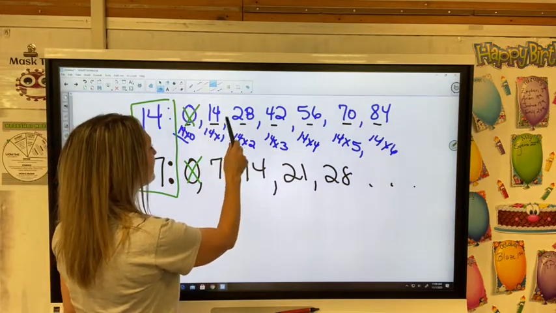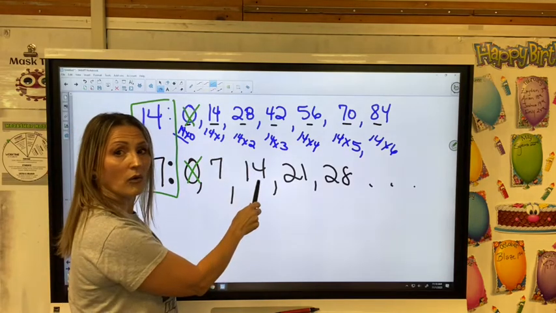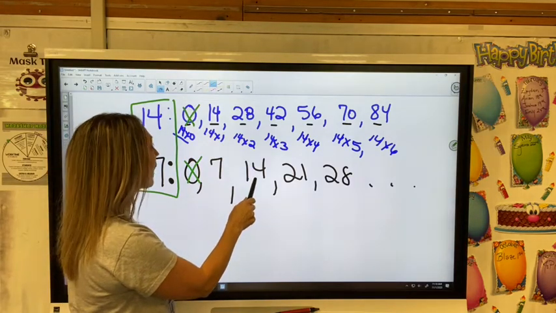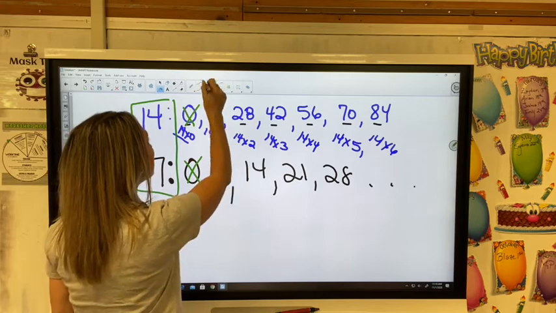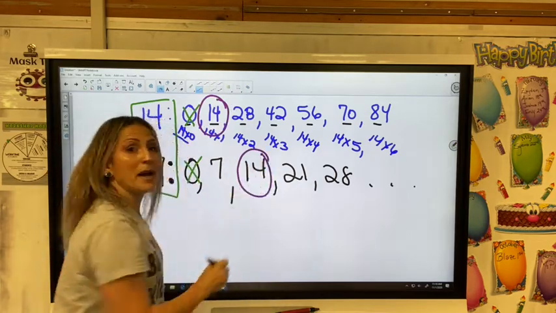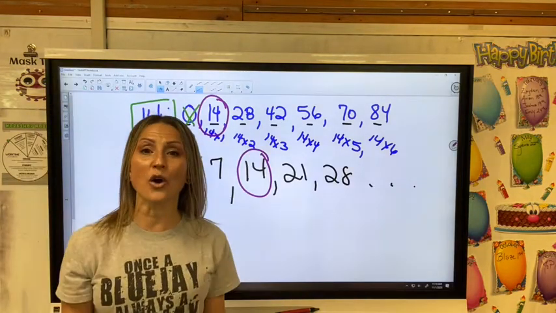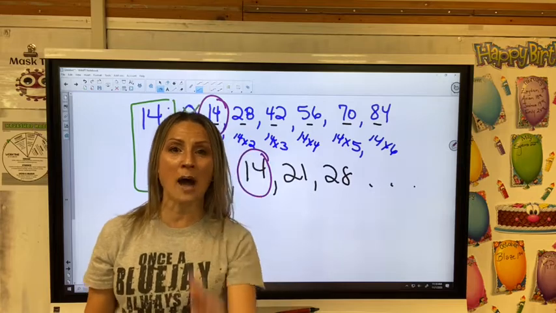We got a 14, we got a 28. We got a 7, we got a 14 right here. Wait, I see, ladies and gentlemen, that this 14 is the same number as that 14, which means I've already located a least common multiple.